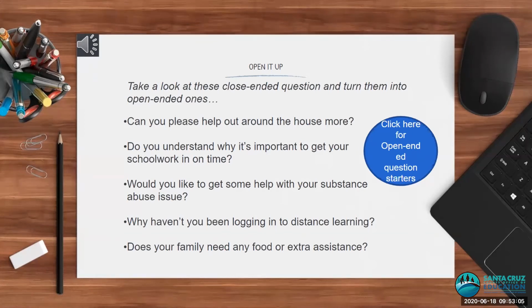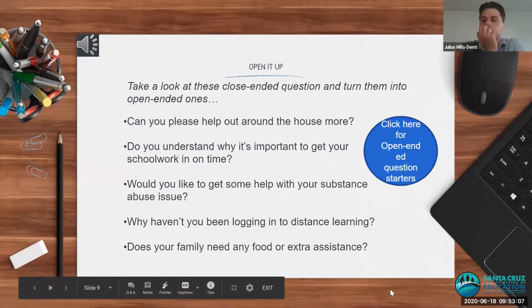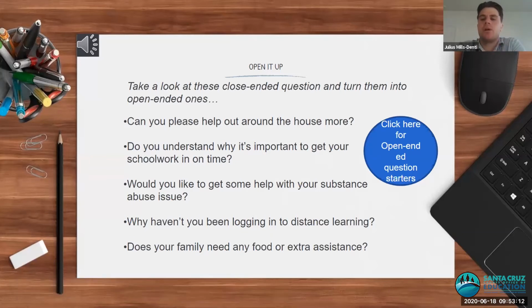So for those in the audience, you can go ahead and choose one question and transform it from a close-ended question into an open-ended one. And when you're done, put it in the chat. And then we'll explore it together if that's possible. There's also a Google Doc I sent with some good open-ended question starters, if that helps you transform them.